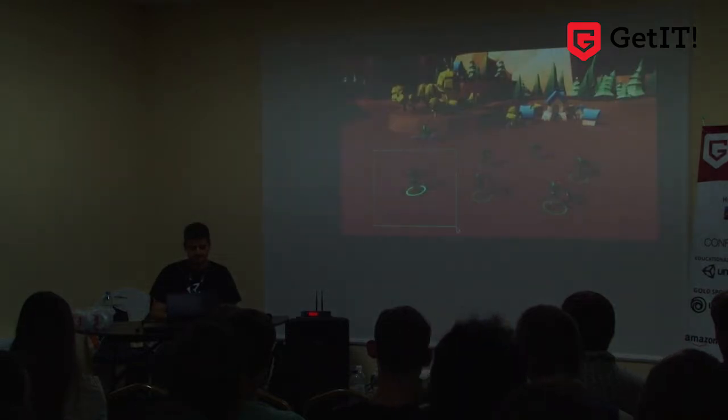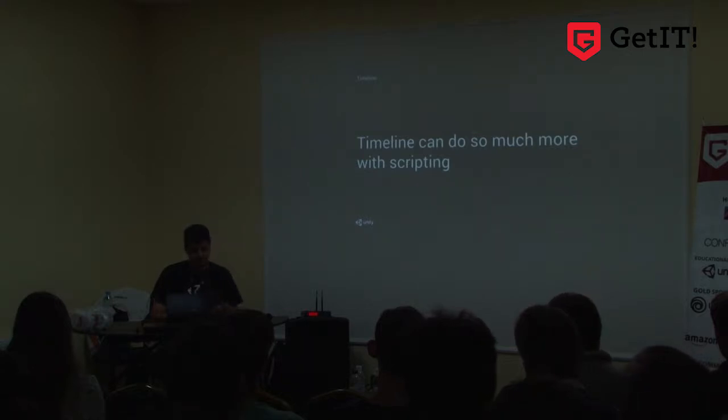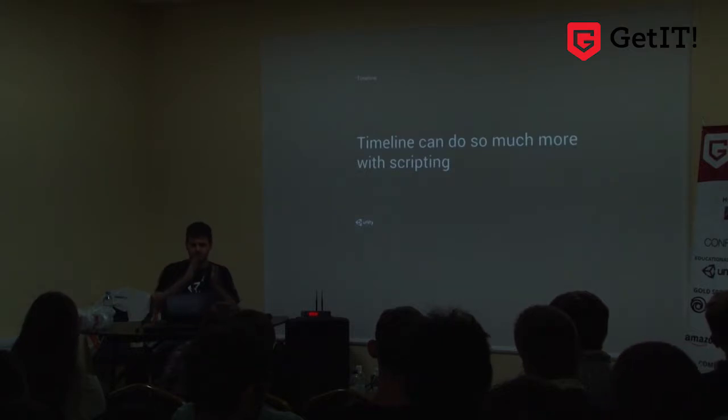But I used to make games, so I love non-linear experiences. For this demo, I'm going to use an RTS game, a real-time strategy. I'm going to show you that if we script timeline a little bit, we can do so much more than just play a predetermined timeline from start to finish.